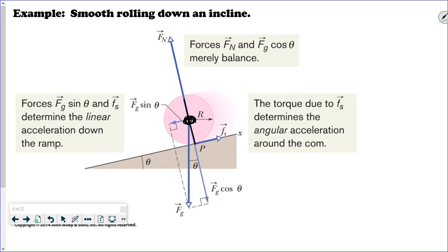Our normal force goes right through our pivot point, and as a result, produces no torque. So if we consider the center point as our pivot point, then the torque is provided by friction. That's going to cause the tire to rotate this way, and that produces the rotation that makes the wheel go down the hill.